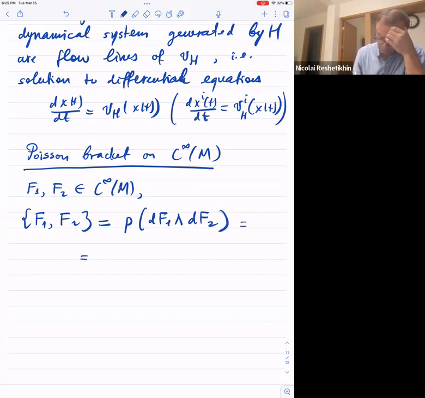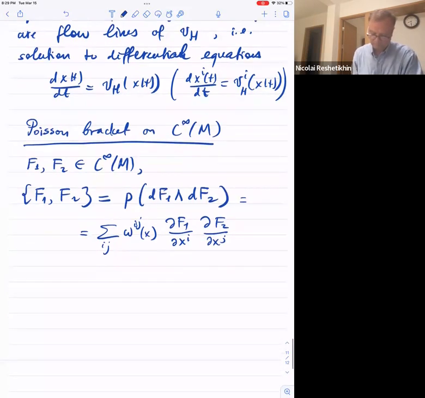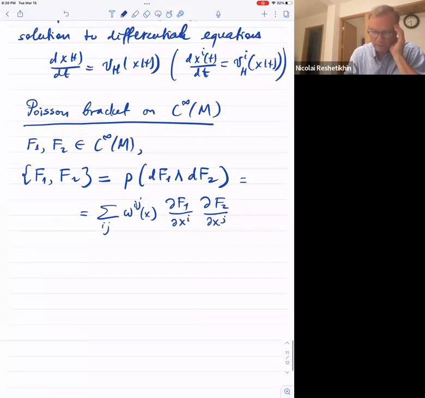Or in local coordinates, this is simply the sum over i, j of omega^{ij}(x) df1/dx^i df2/dx^j. Okay. Any questions so far?